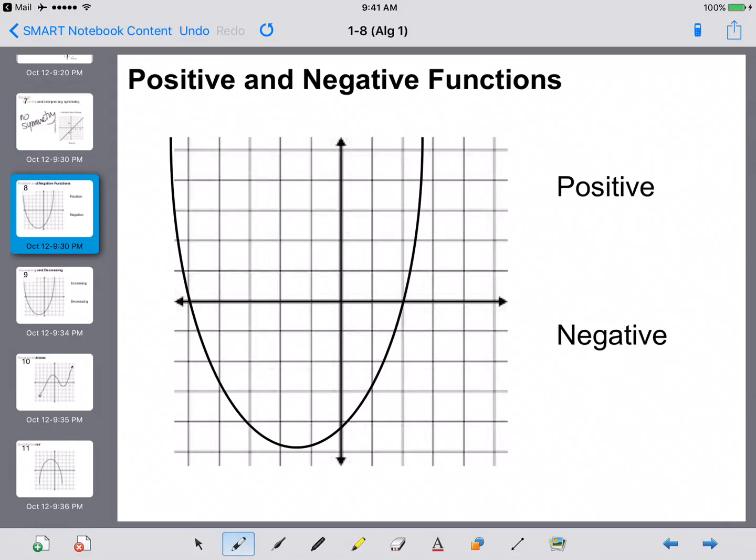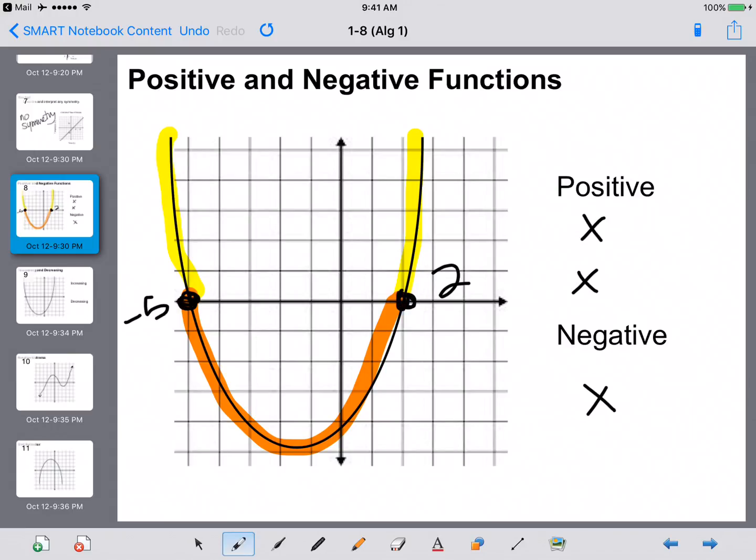Here we've got positive and negative functions. So our graph is positive when it's above the x-axis, and it's negative when it's below the x-axis. The tricky part comes in when you are writing how it is. So there are 2 different places where it's positive and only 1 place where it's negative. I'm going to look here, 1, 2, 3, 4, 5. Our x-coordinate right here is 5, and right here is 2.